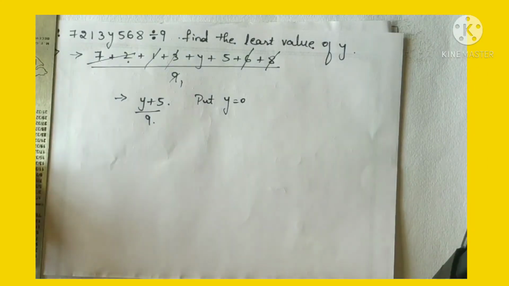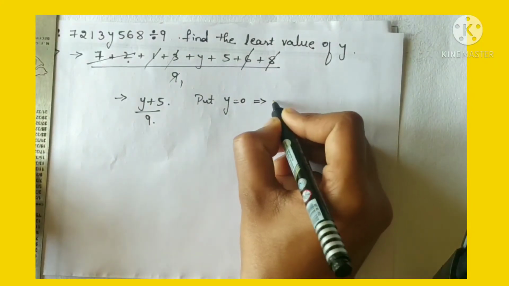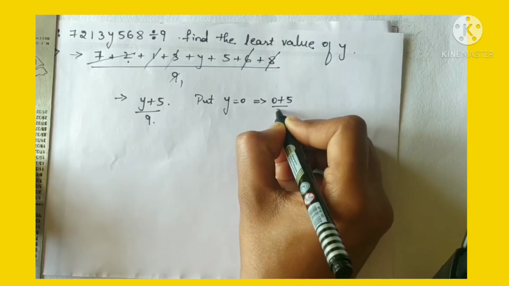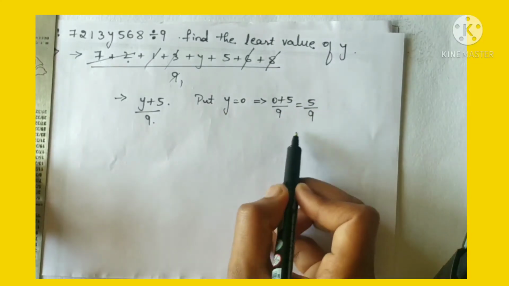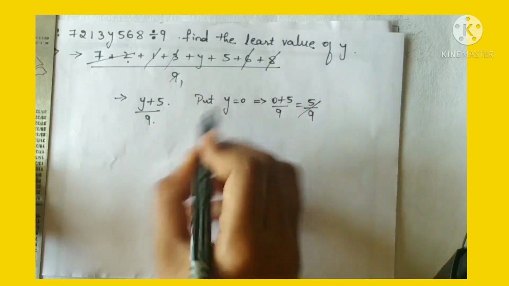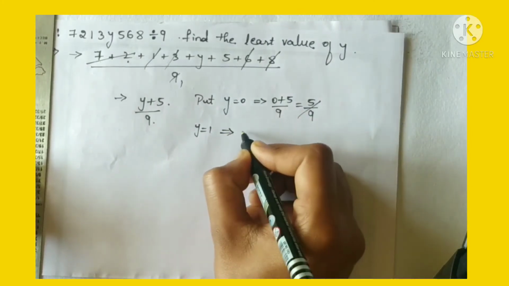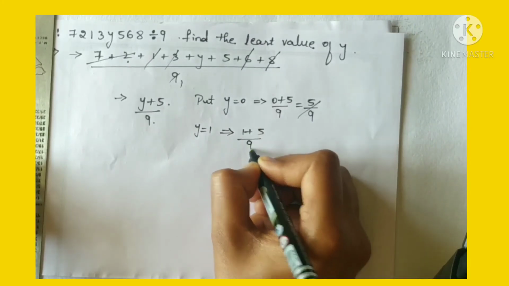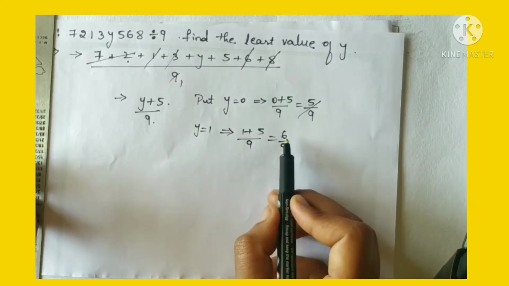Put y equal to 0. Then 0 plus 5 is 5, and 5 divided by 9 is not divisible. So the value is wrong. Now put y equal to 1. 1 plus 5 is 6, and 6 is not divisible by 9.